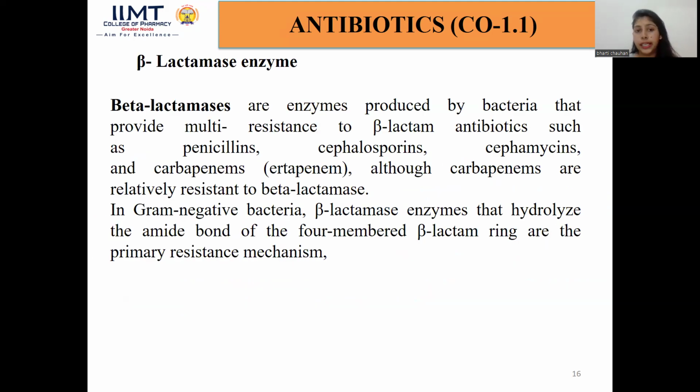Now, what is the beta-lactamase enzyme? I have been talking about how the beta-lactam ring binds with the transpeptidase enzyme and shows its activity. But here, bacteria are also playing very smart. They generate an enzyme called beta-lactamase, right? So what it does is break down the beta-lactam ring, which is important for the antibacterial activity.